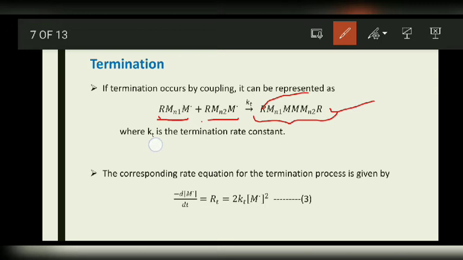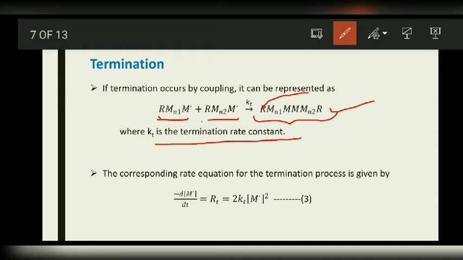The chain gets terminated here, and Kt is the termination rate constant. So the rate equation for the termination process is given by -d[M dot]/dt, right, which is equal to Rt, which is equal to 2 Kt [M dot]^2.